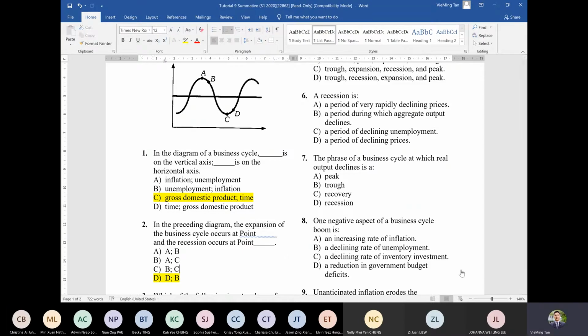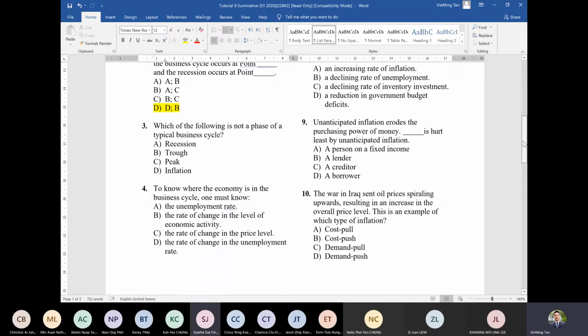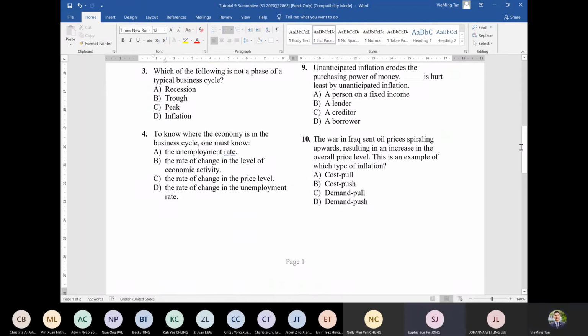Okay, good. Question number 3, Sophia. Which of the following is not a phase of a typical business cycle? D, inflation. So inflation is not a business cycle phase. So what is inflation then? Sophia, what do you think? It's a macroeconomics problem, right?